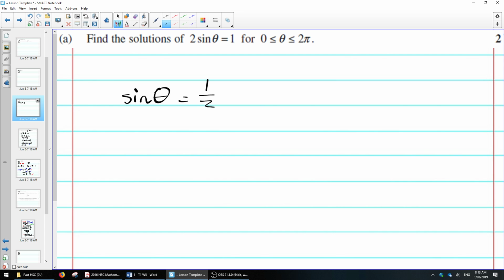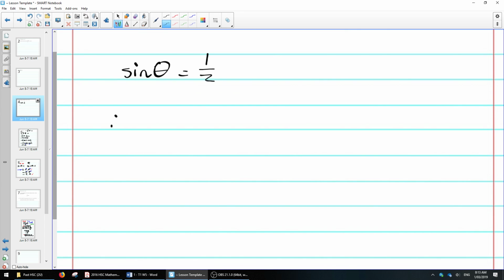And now it just happens to be the same ratio with the same number. So what quadrants are we looking at? Let's do that first. In radians, sine what equals 1 over 2? So in radians, pi over 6.